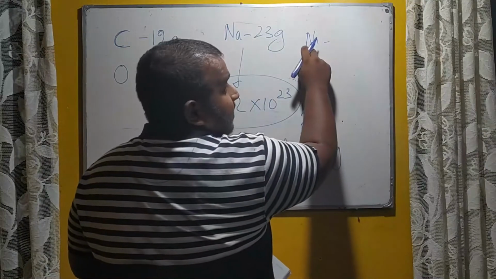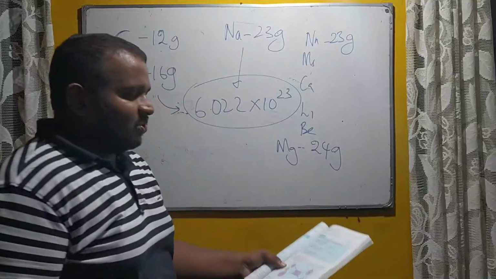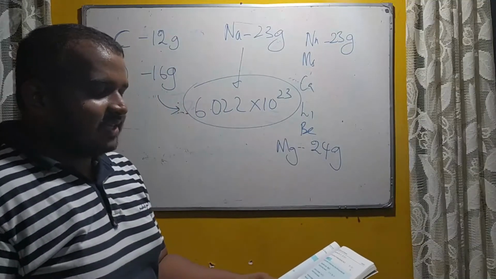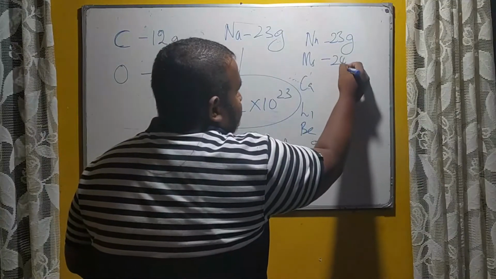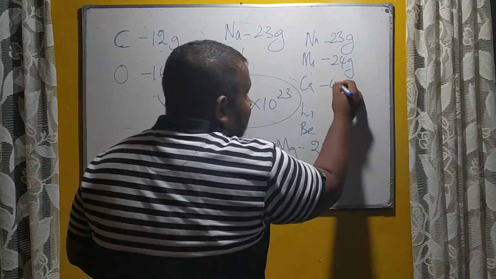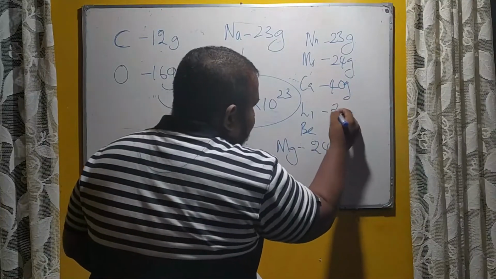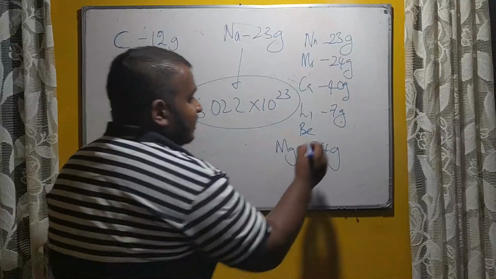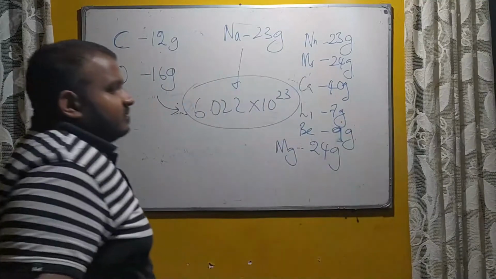So what is the relative atomic mass of sodium? 23, in grams. Equal to its relative atomic mass in grams: 23 grams. Magnesium means 24 grams. Calcium means 40 grams. Lithium means 7 grams. Beryllium means 9 grams.